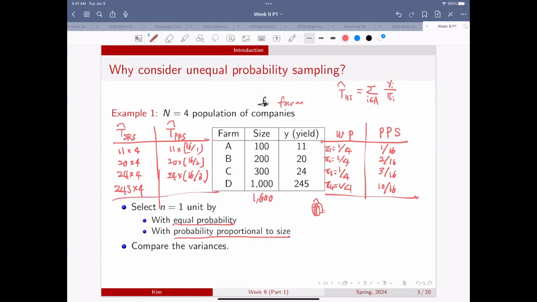And this is 240 times 16 over 10. Right? Because we divide y i by pi i. Okay. So now that we have a table of estimators with the probabilities, we can compute the variance.